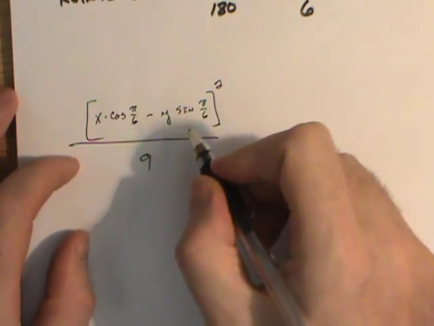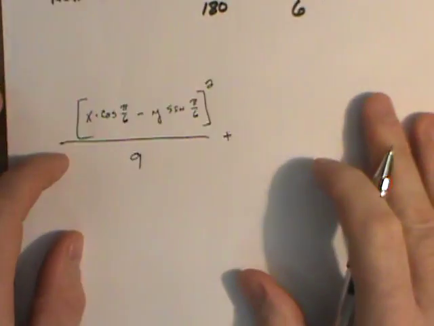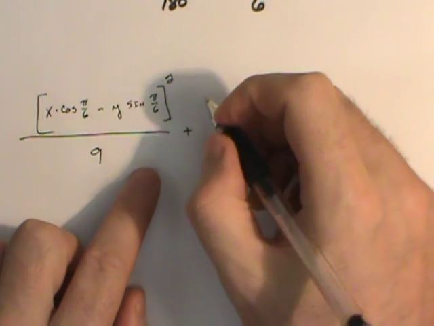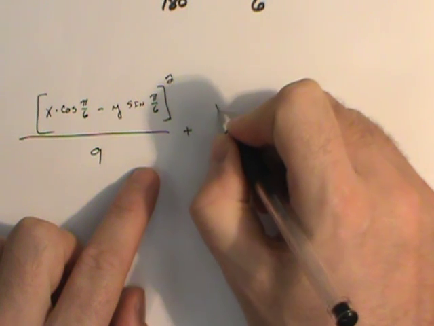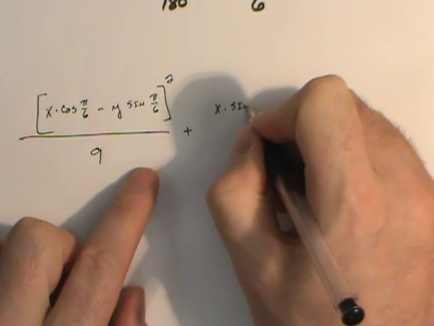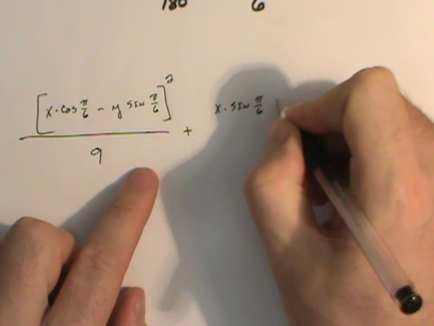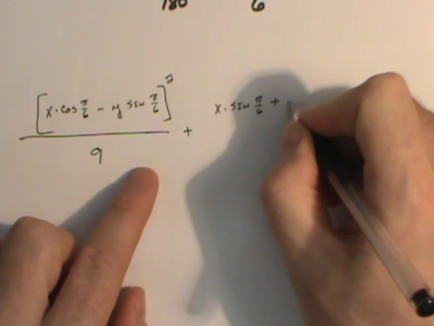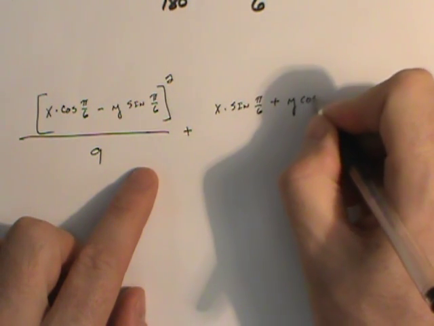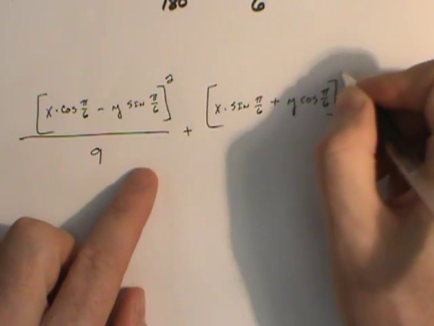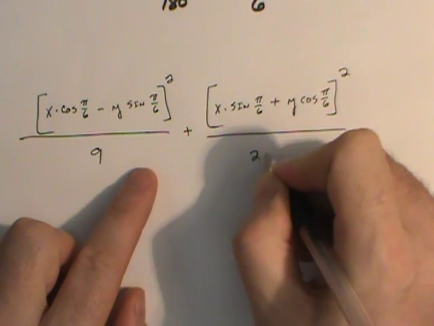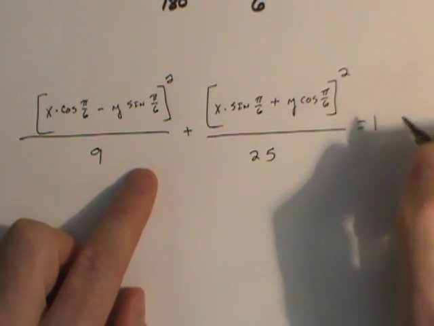I'm not done yet. I'm going to change some stuff here, so just hold on. The y is going to be the same thing. I'm going to go (x times sine pi over 6 plus y times cosine pi over 6) squared over 25 equals 1.